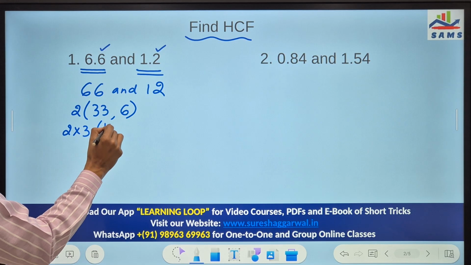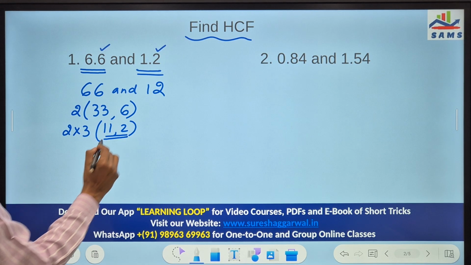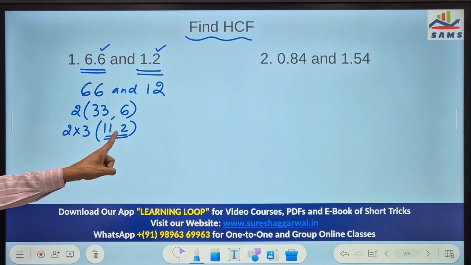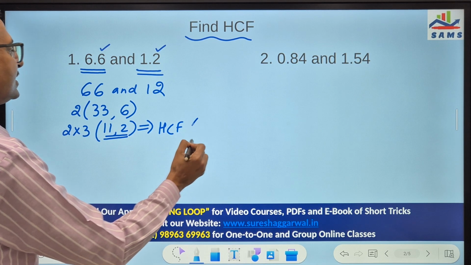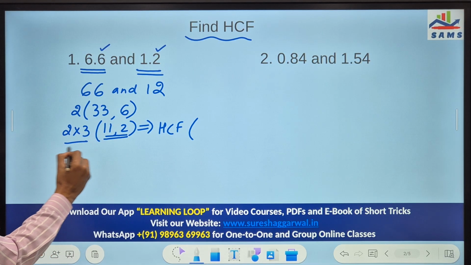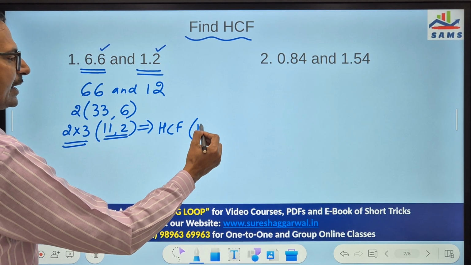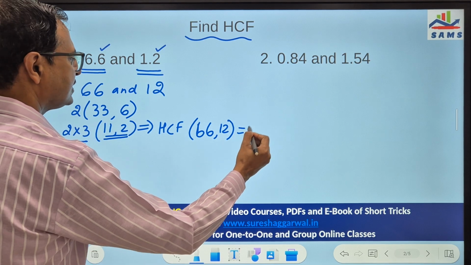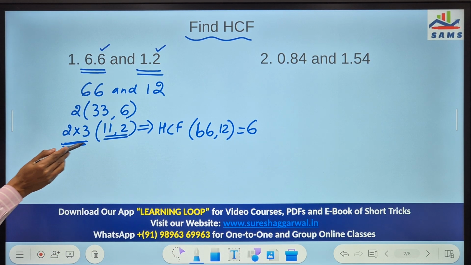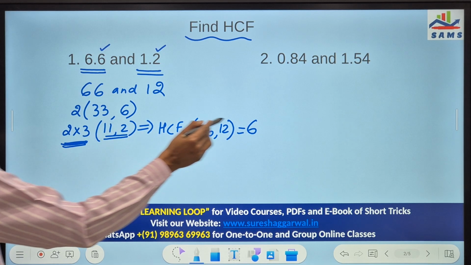That gives me 11 and a 2. Now 11 and 2 are co-prime, no more common factors. So the HCF of the numbers 66 and 12 is 2 into 3, 6. The highest common factor is this 2 into 3, 6.